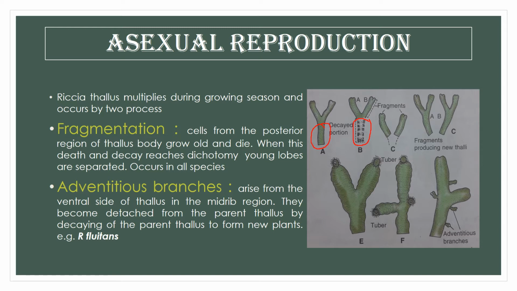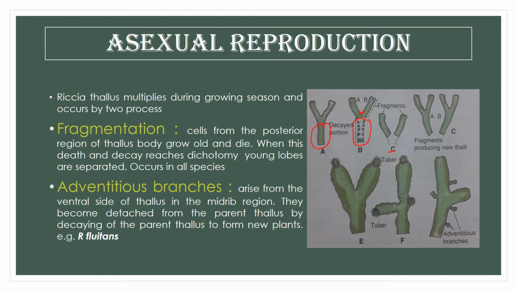When this death or desiccation reaches the dichotomy of the branches, then here in the figure we see that the two thalli are separated by the death of the older portion.